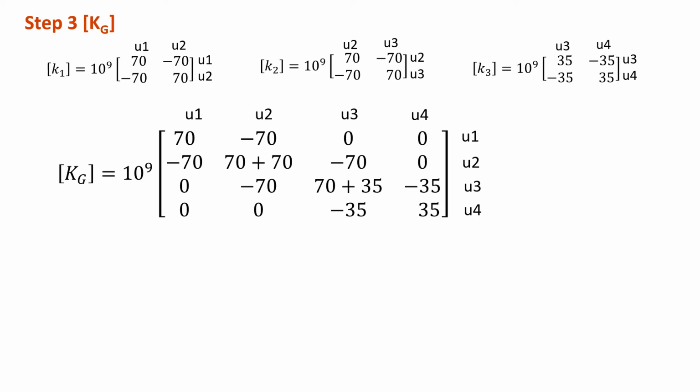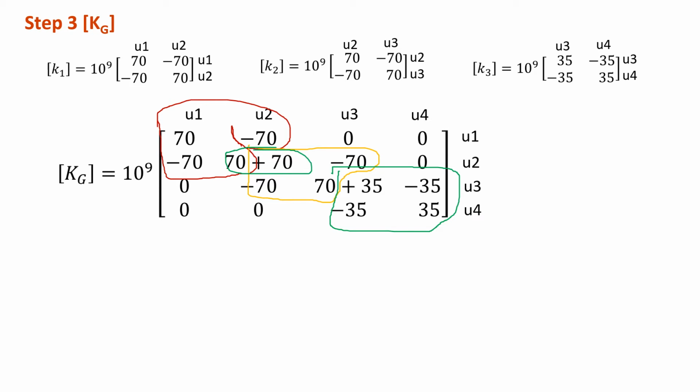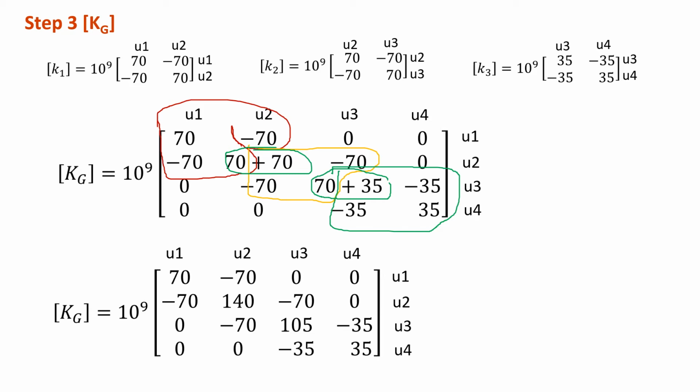Remember, the first one here is coming from K1, the next one is coming from element 2, and the last one is coming from element 3. At the intersections, we have to add, we need to get the summation. And the final global stiffness matrix will look like this.